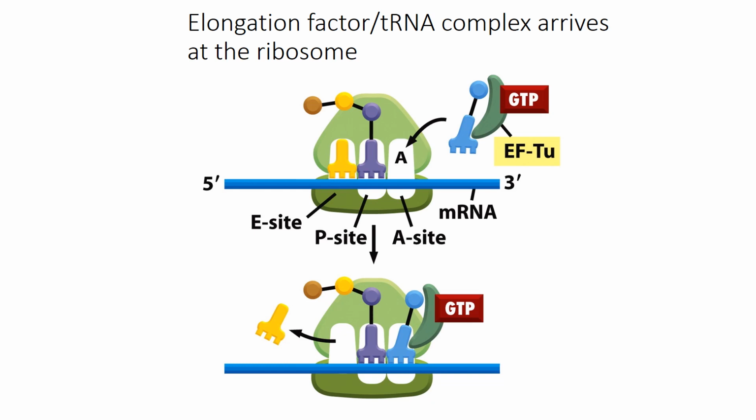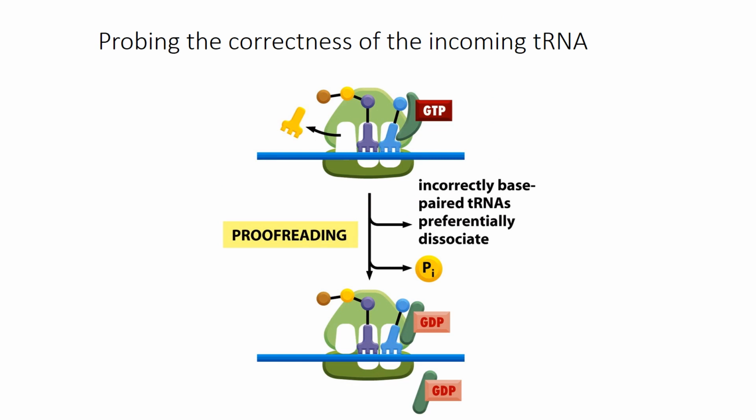You see that this enzyme is now loaded with GTP and inserts the tRNA into the A site. Once this new tRNA is inserted, we are going to kick out the old tRNA. Here, the yellow tRNA is now kicked out and the exit site is freed.